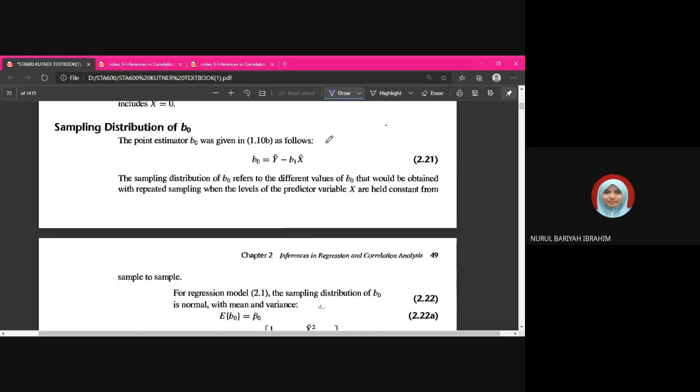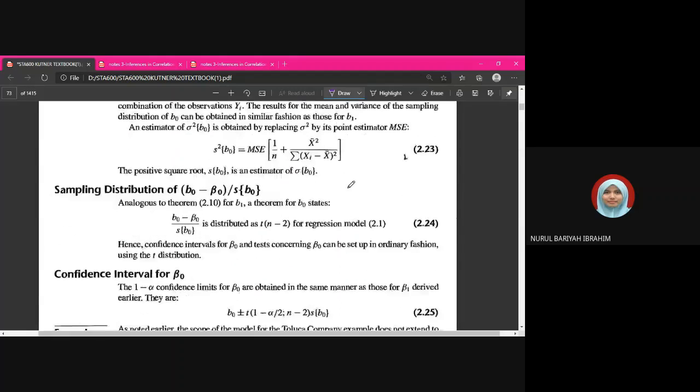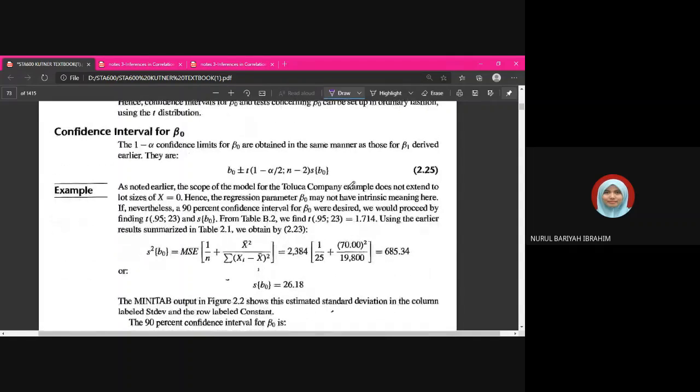Okay, so we are familiar with this formula untuk dapatkan beta naught, and then to test ataupun to find the confidence interval for beta naught. Okay, untuk beta naught, this is the formula of confidence interval. Sama macam beta 1, cuma berbezanya adalah the value sahaja.